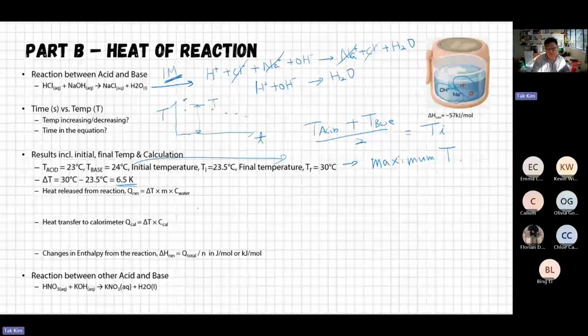Now to find the heat released from the reaction, you use the same equation. In my case, delta T is 6.5 K times the mass. Mass needs to be the total mass: 50 grams of acid and 50 grams of base.